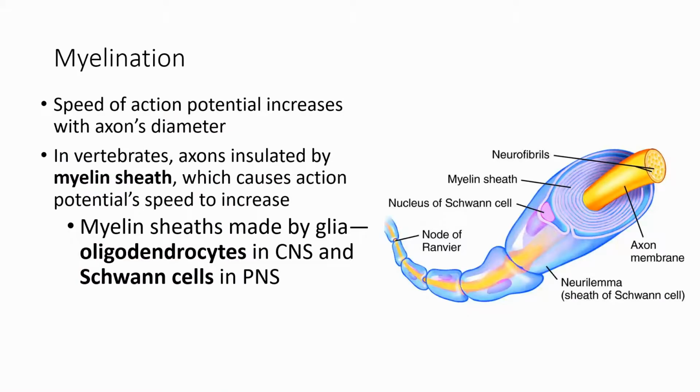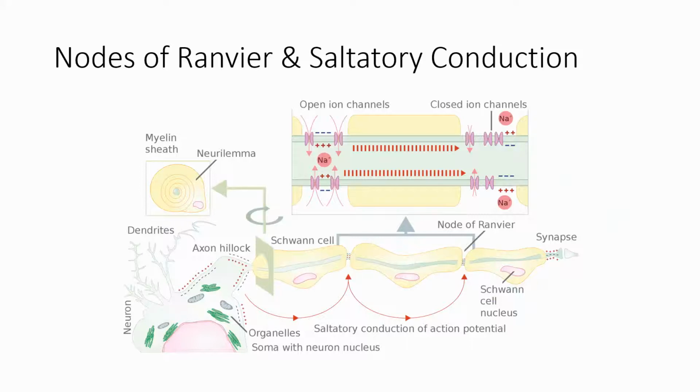There are some structural adaptations that let you speed up the transmission of signals along a neuron, like myelination. It's a fatty sheath that surrounds an axon, and what it does is it makes the signal that's traveling along a neuron jump from one gap between these pieces of myelin to another.